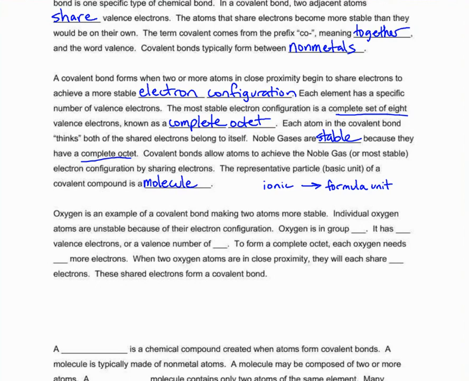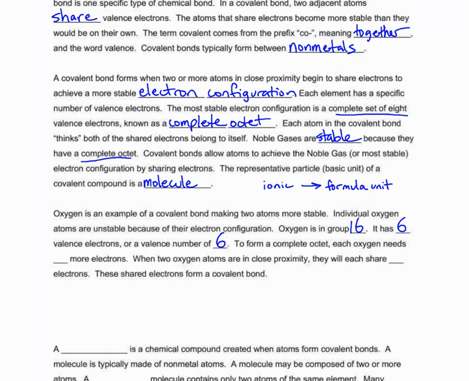Oxygen is a good example of a covalent bond that makes two atoms more stable. Individual oxygen atoms are unstable, very unstable, because of their electron configuration. So I'm looking at my periodic table, and I see that oxygen is in group 16, which means it has 6 valence electrons. You could also say valence number of 6.